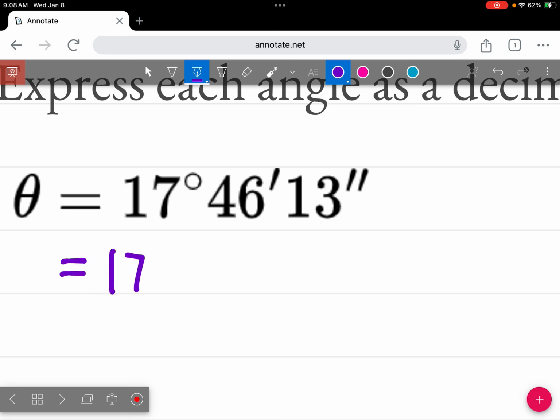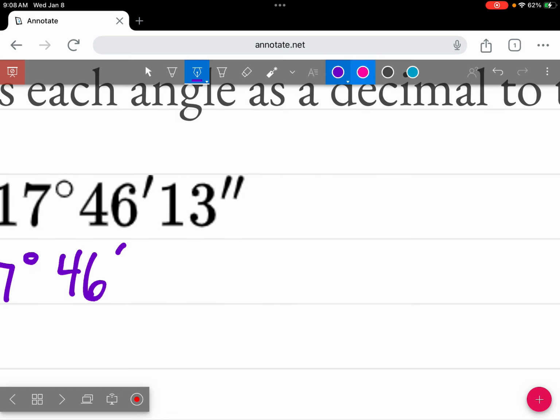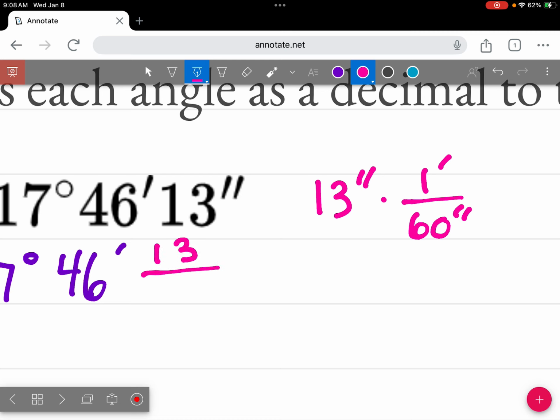We're going to have our 17 degrees and our 46 minutes and our 13 seconds. If we think of 13 seconds, and I want to get that to be minutes, 1 minute is 60 seconds, right? So we could write this as 13 over 60 minutes.